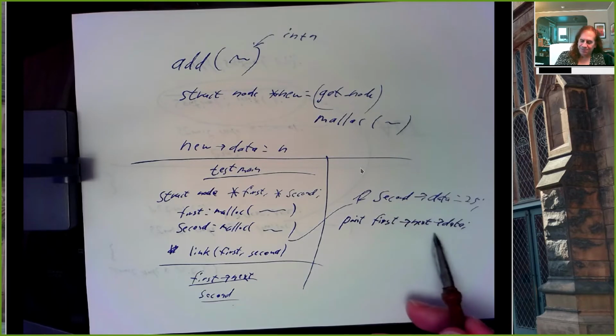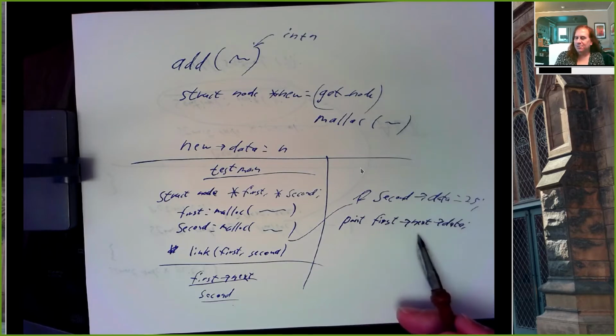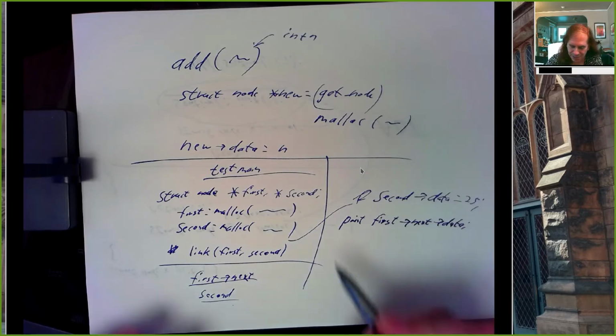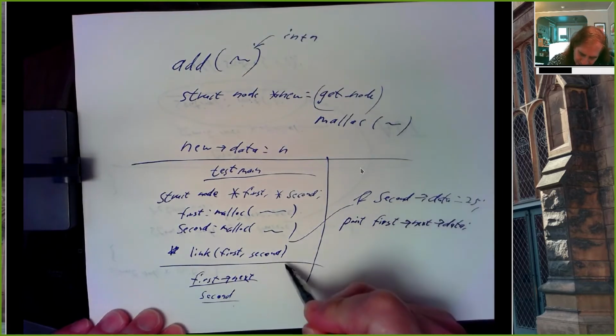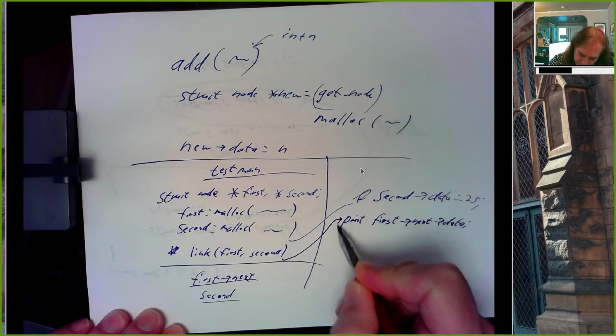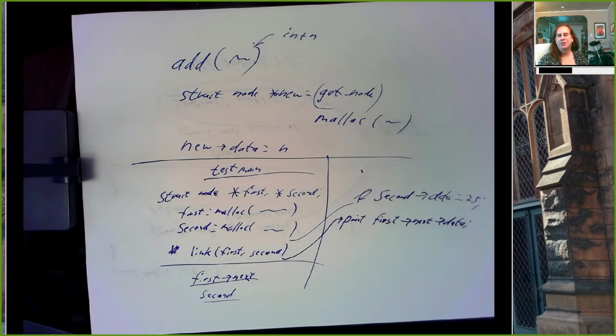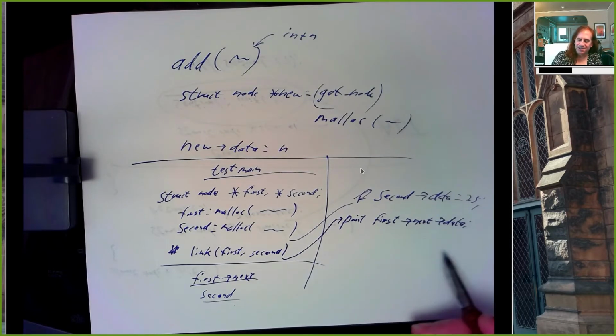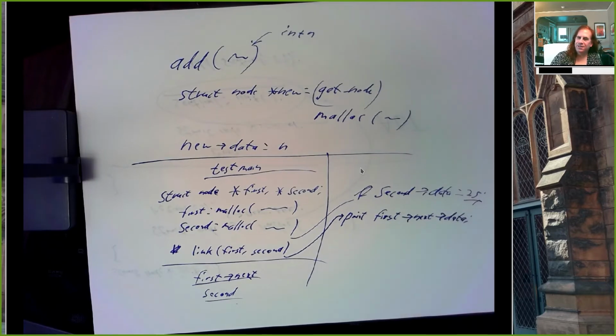But if you print first arrow next arrow data before linking, you will probably segfault, because first arrow next is probably null. So try that and then change it to do the print after you call link. First arrow next should now point to second, and second arrow data should be 25. I think it's easier to look at it in GDB, and I think it's better practice.